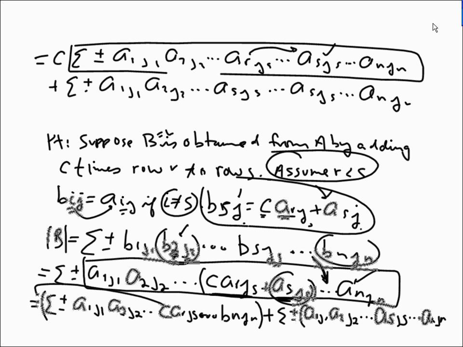I just want to make sure that those column entries are correct. So I agree that this is BSJS, so the column is J, and that's what I put, column J. So that's correct.